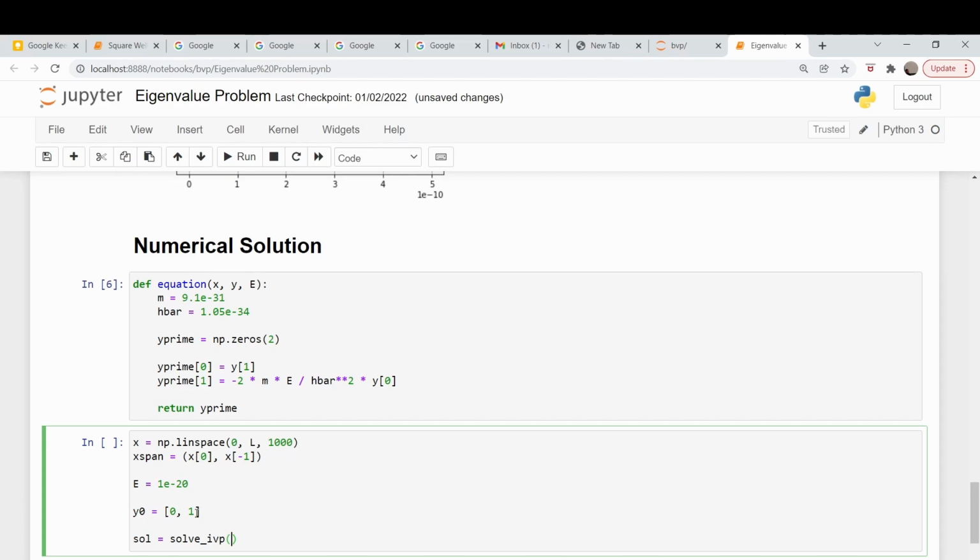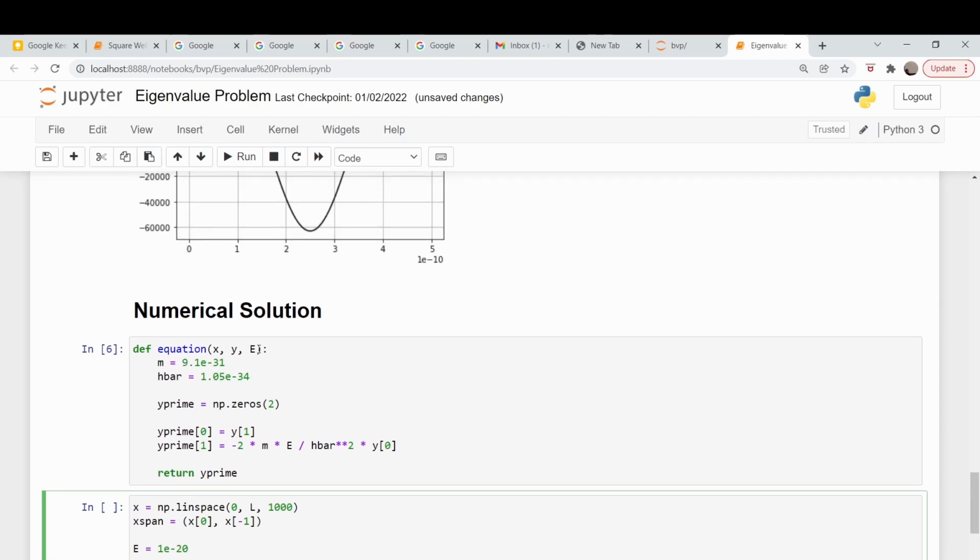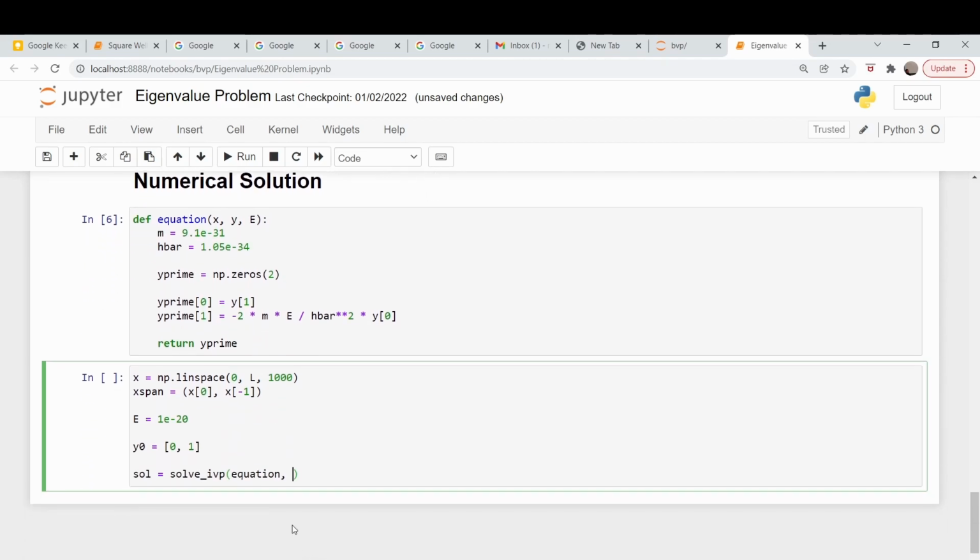Our function was called equations, I believe. Well, actually, since we have to pass in this additional parameter e here, we can't just send in equations, because there's a bug, or I don't know if it's a bug or they changed the way solve IVP works. You cannot pass in additional arguments.